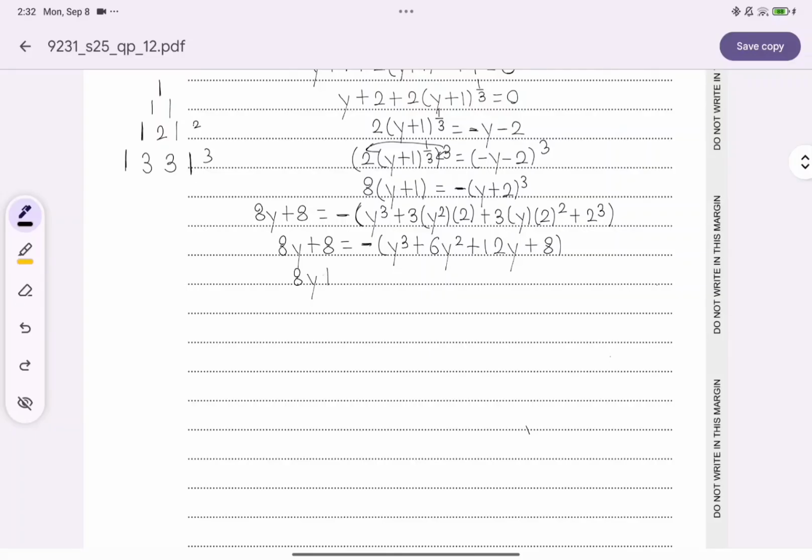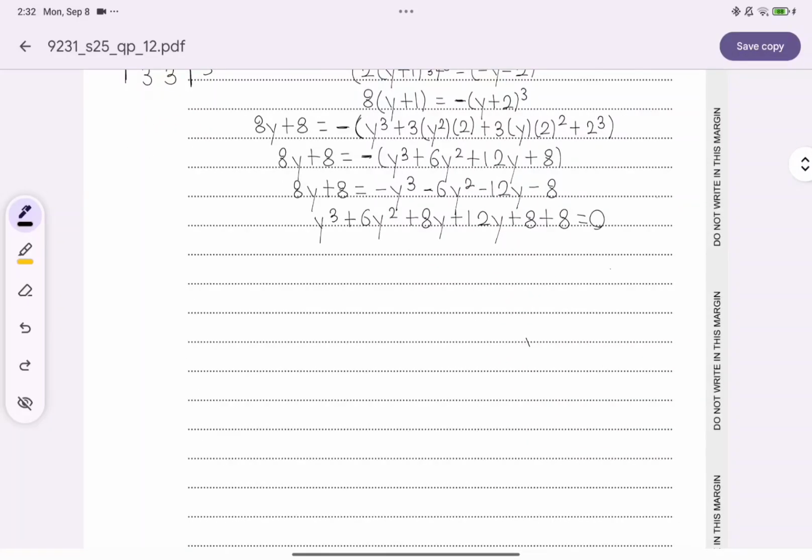And now let's just simplify everything and move everything to the left hand side. So this would give us y cubed plus 6y squared plus 8y plus 12y plus 8 equals 0.